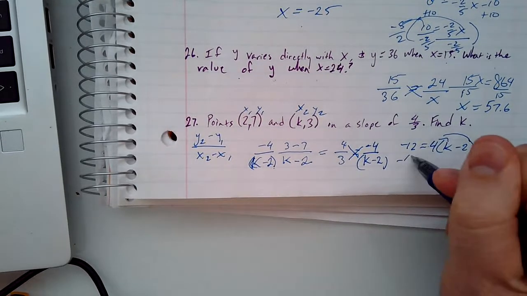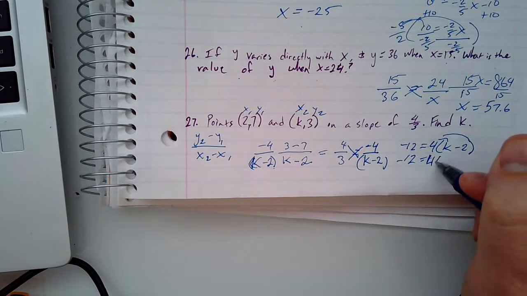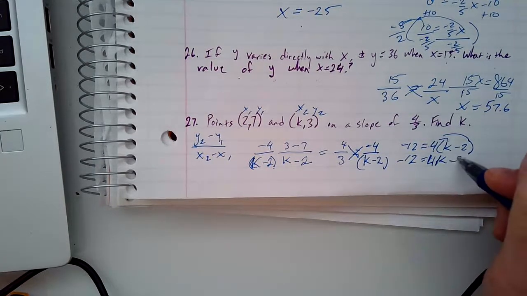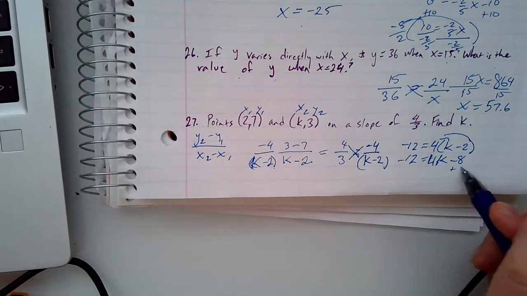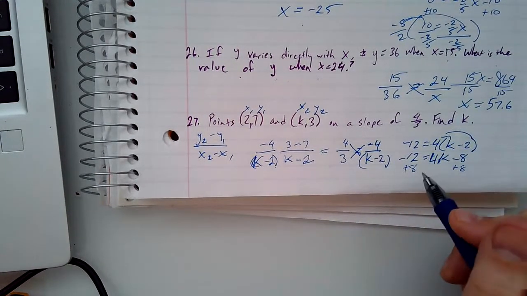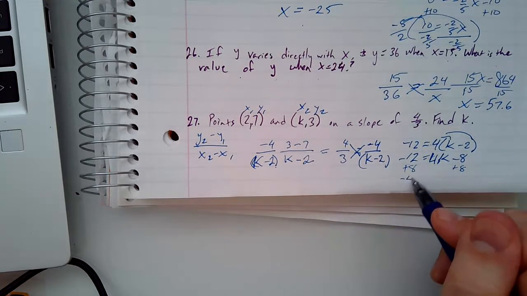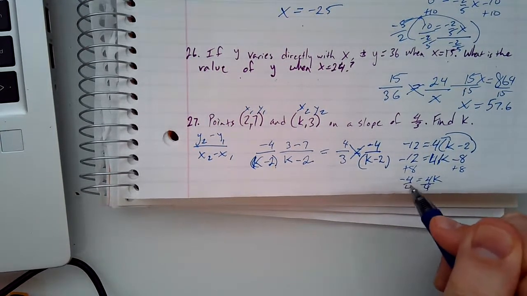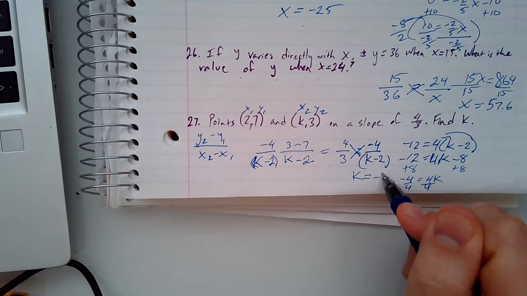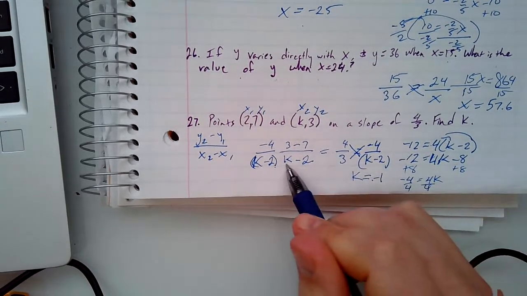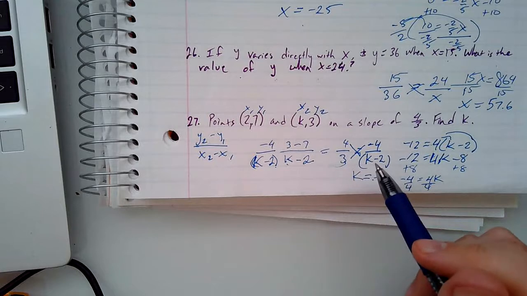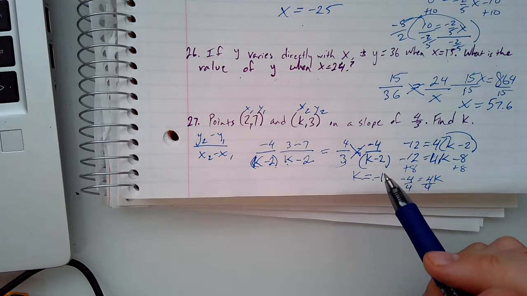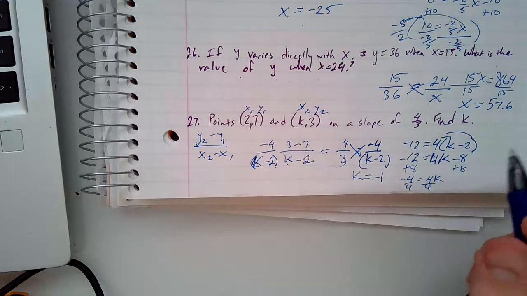Distribute, and I get negative 12 is equal to 4k minus 8. I add 8 to both sides, and I get negative 4 is equal to 4k. Divided by 4, I get k is equal to negative 1. So when I put in negative 1 here, I should get this positive answer right here. Got it?